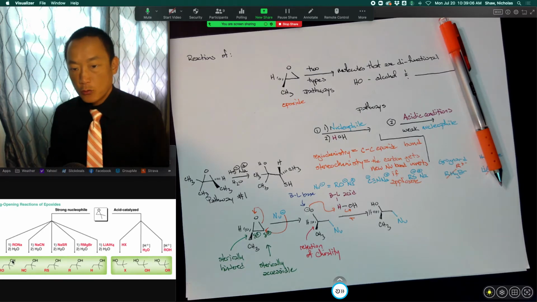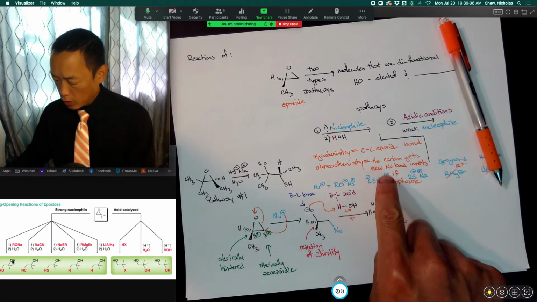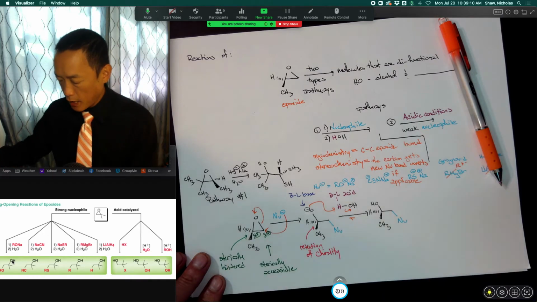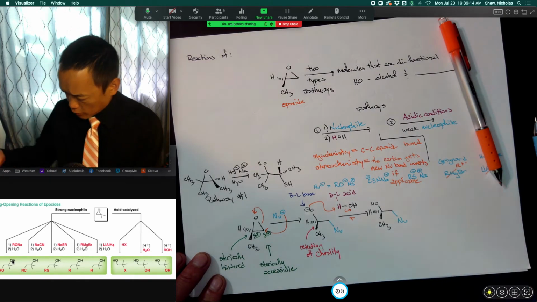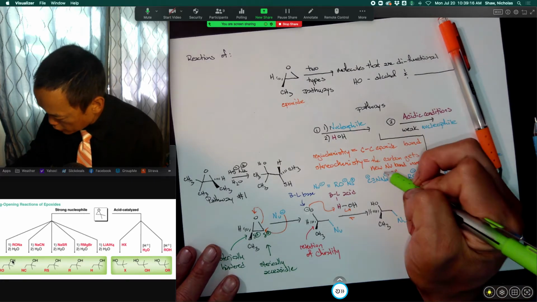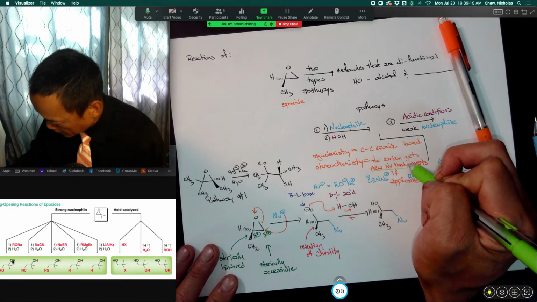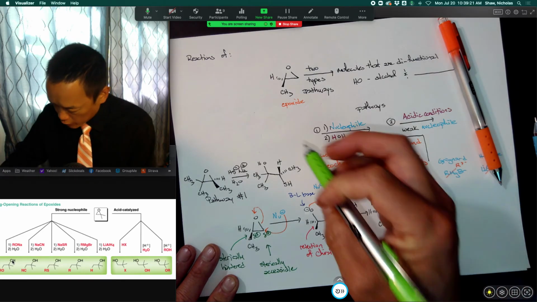And so we see the carbon that gets the new nucleophile bond, and so green has worked for this. The carbon that gets the new nucleophile bond, that's this one right here.